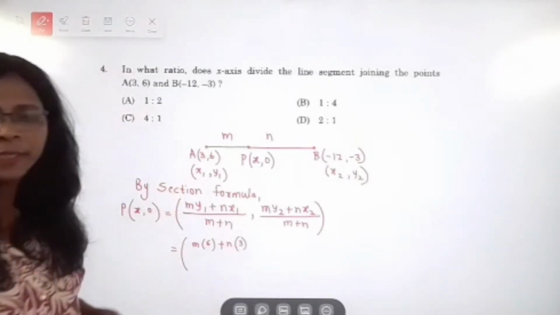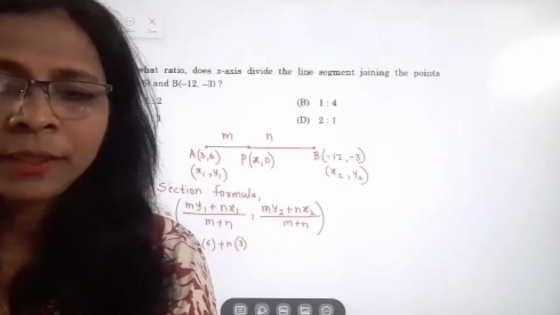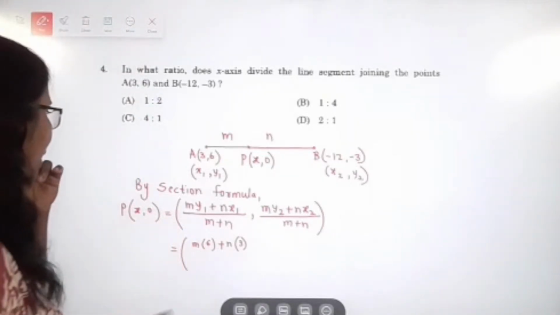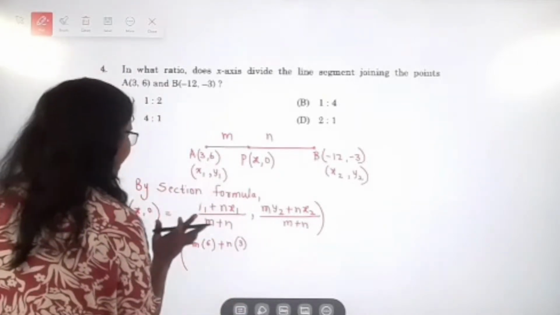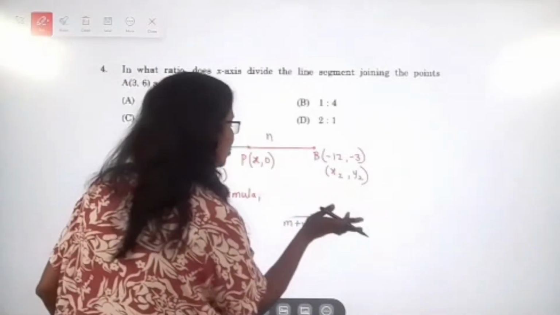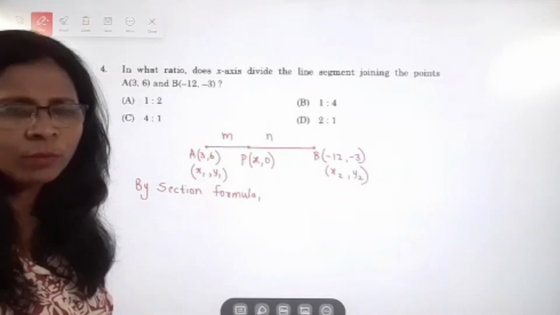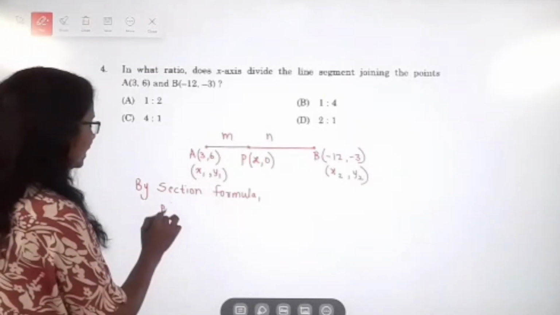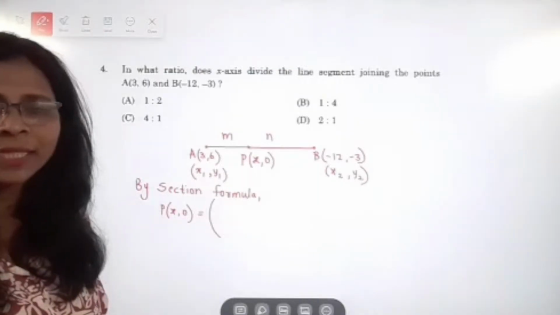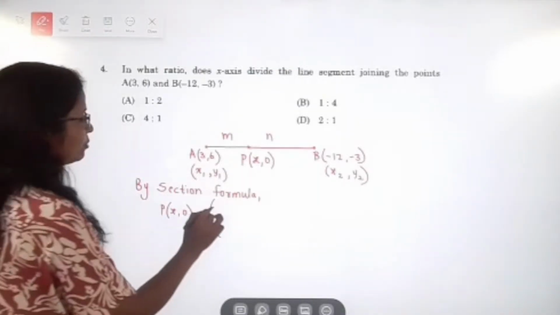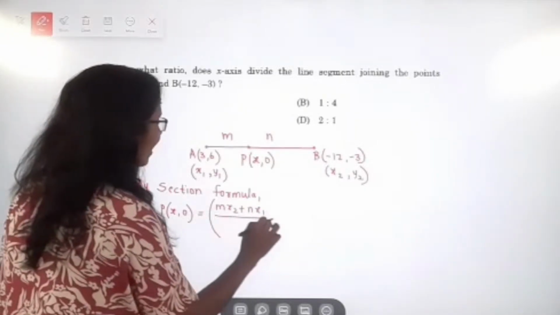I think the formula should be mx2 plus nx1. Yes, I think here we replace that. I write the formula again. By the section formula we say that P(x0), and then I write again the formula, that is mx2 plus nx1, because this is the place of the x coordinate.